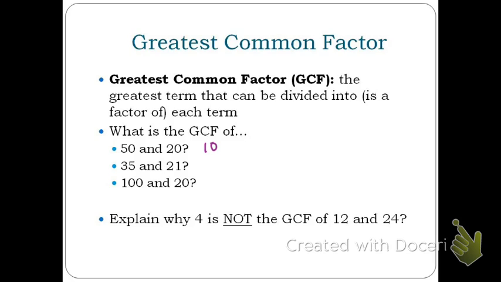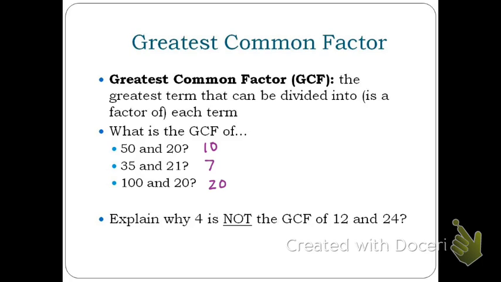What about 35 and 21? Okay, between those, for those of you football aficionados out there, both of those are divisible by 7. And when we look at 120, we don't have any currency that has this, but both of those are divisible by 20. I guess we could say $20, but I was thinking of cents.